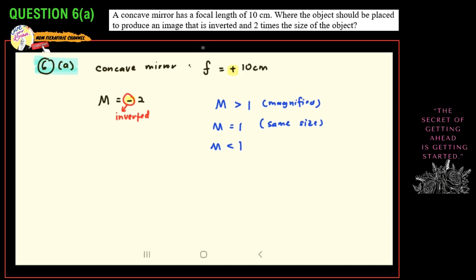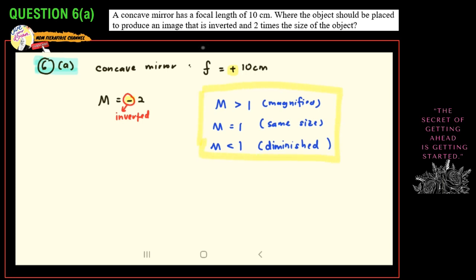Negative means that the image is inverted, but the magnification is 2. Okay, so dia adalah lebih besar. So M less than 1 means that the image is smaller than the object. Okay, so the image is diminished. So this is very important.